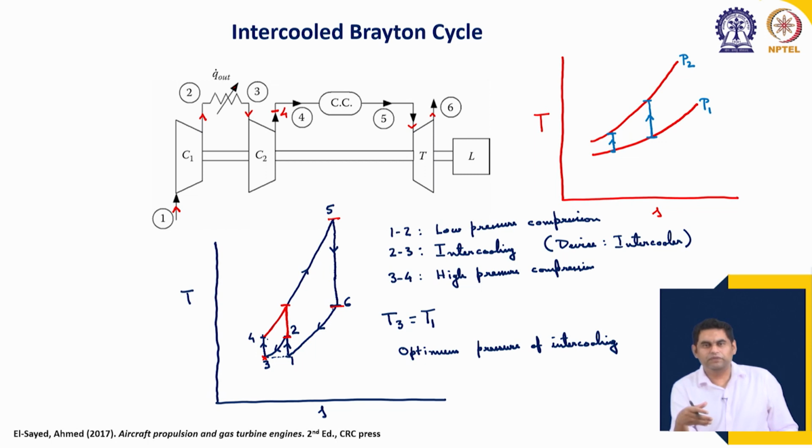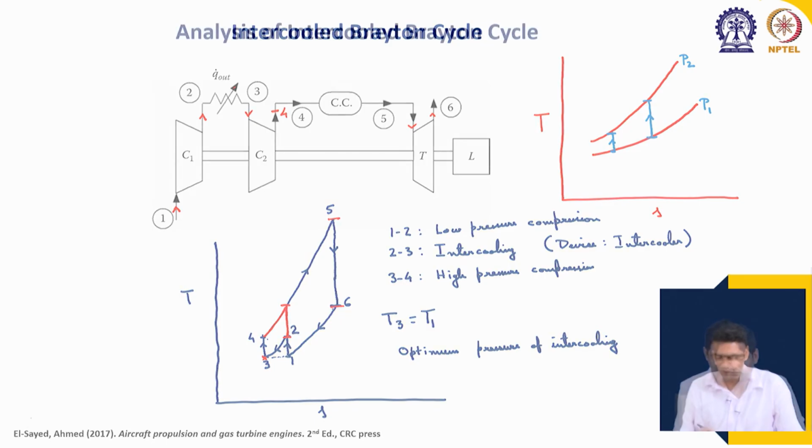However, intercooling cannot be used with gas turbines where weight is of very high importance, such as jet engines, as we will see later. It is anyway not possible to continuously keep on supplying water. So, this should be kept in mind.